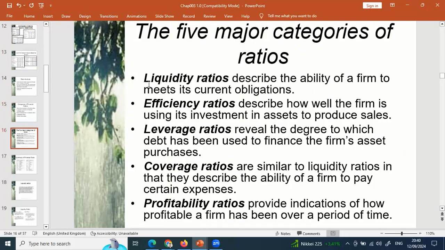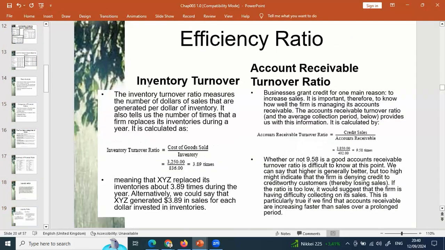So the inventory turnover is cost of goods sold 325 divided by 836. So it is 4 times. Let's say it is 4 times.